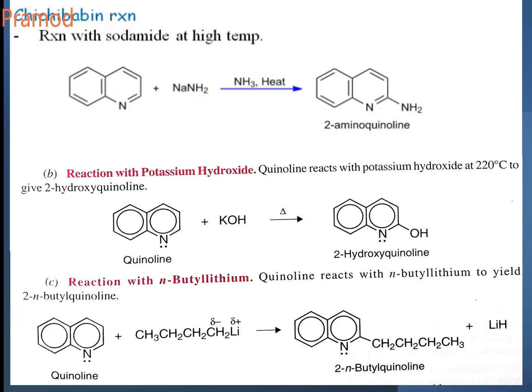So these are some of the nucleophilic substitution reactions shown by quinoline, because a pyridine ring is associated with it. That's why it undergoes nucleophilic substitution to give the product at the 2nd position: 2-hydroxyquinoline, 2-aminoquinoline, and 2-n-butylquinoline.